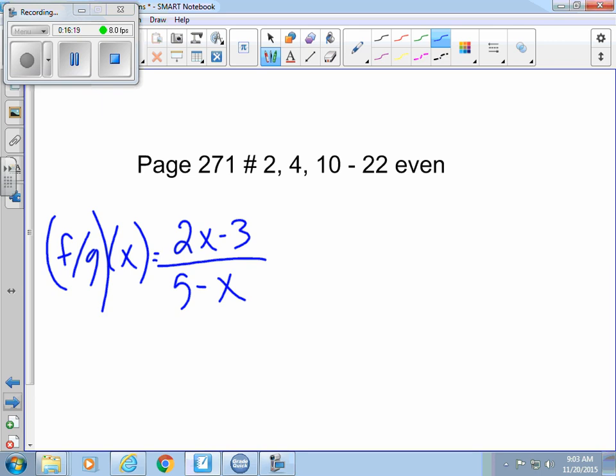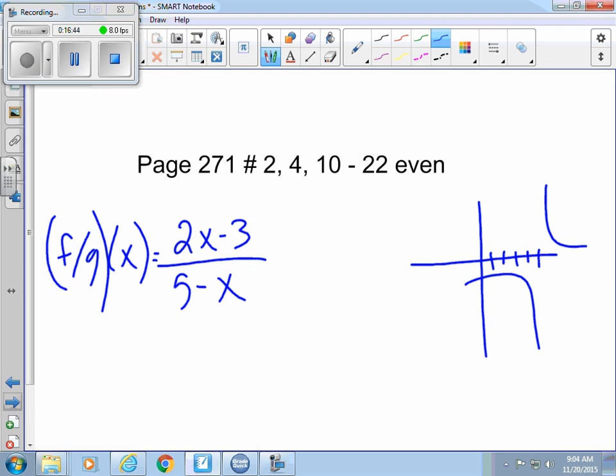So you know what the domain is? Everything but 5. When we did it, we looked at our calculator. And so negative infinity to 5 union 5 to infinity.